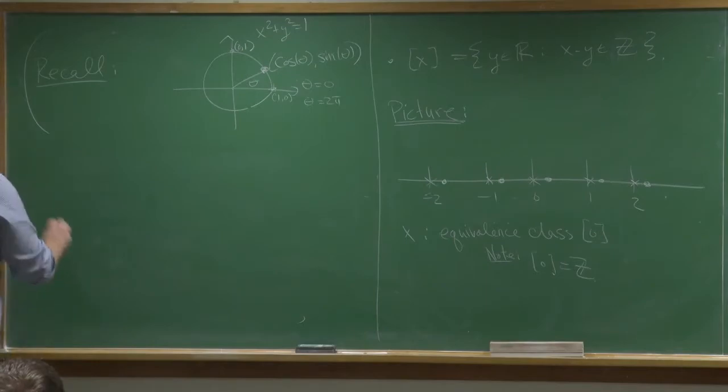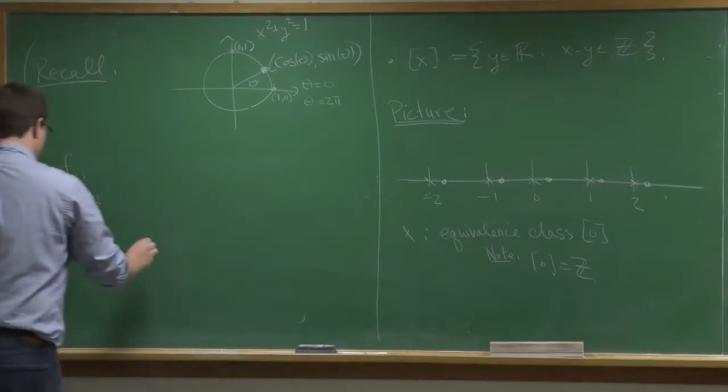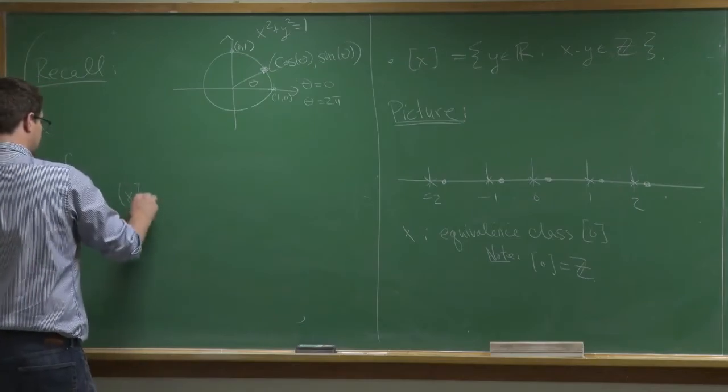So for the general proof, what should I do? We need to check that equivalent inputs have equivalent outputs. So we suppose that we have equivalent inputs. Suppose that x is equivalent to y.